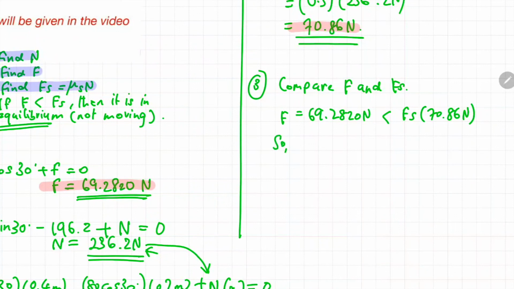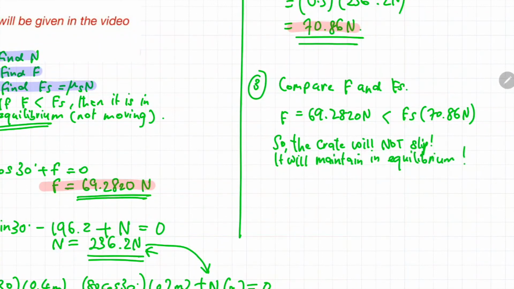Based on this calculation, we can prove that the crate will not slip and will remain in equilibrium, meaning that the 80 Newton force subjected to it will not cause the crate to move. So that is how you prove the state of an object subjected to a friction force.